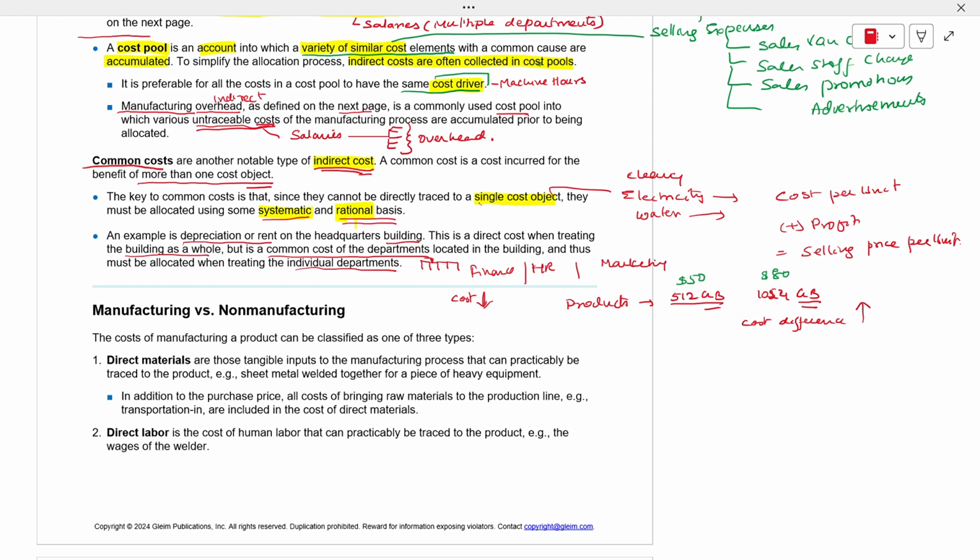Customers will not buy. If it is underpriced, it will be a loss to the entity. Are you clear about this?